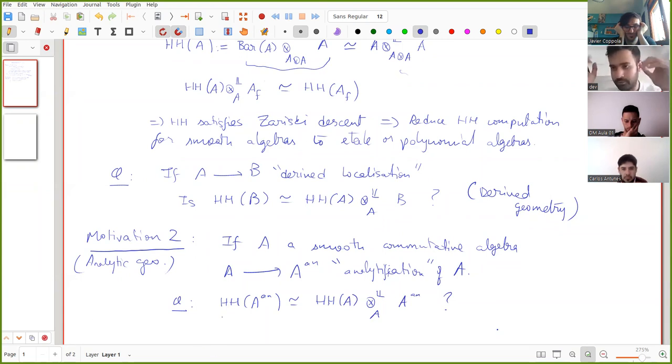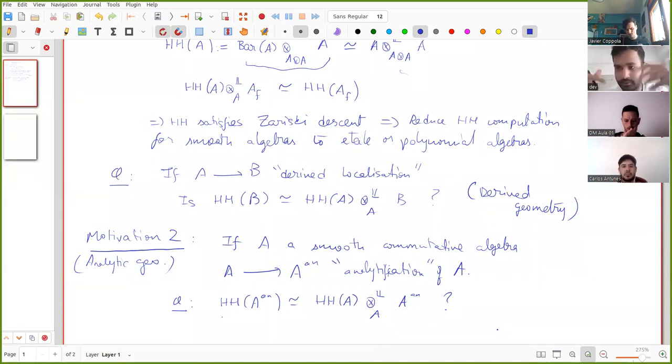So what that would say is that you have this algebra A, which you understand very well because it is, say, the polynomials in n variables, and you have the relations between Hochschild homology and differential forms, so you do understand it well. On the other hand, you have this gadget A_an, which you do not understand very well.